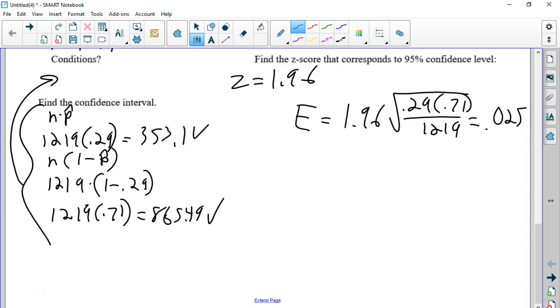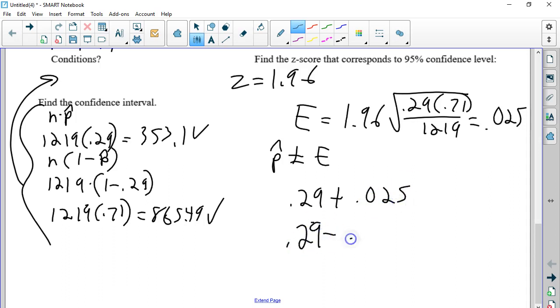Now, our confidence interval is going to be p hat plus or minus E. So our p hat, remember, was 0.29 plus 0.025 and 0.29 minus 0.025. And that's going to give us 0.315 and 0.265.